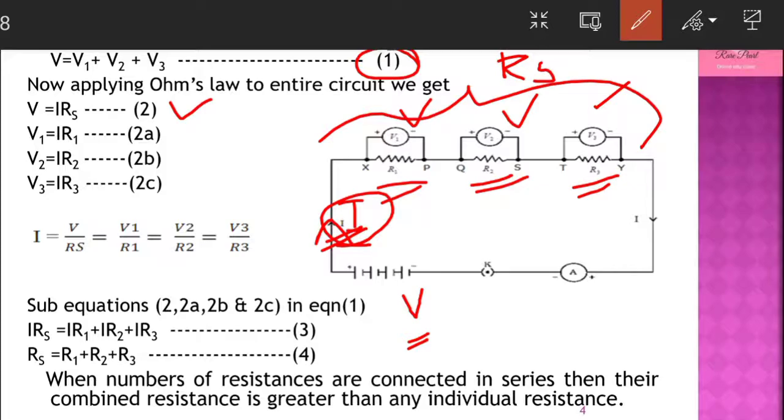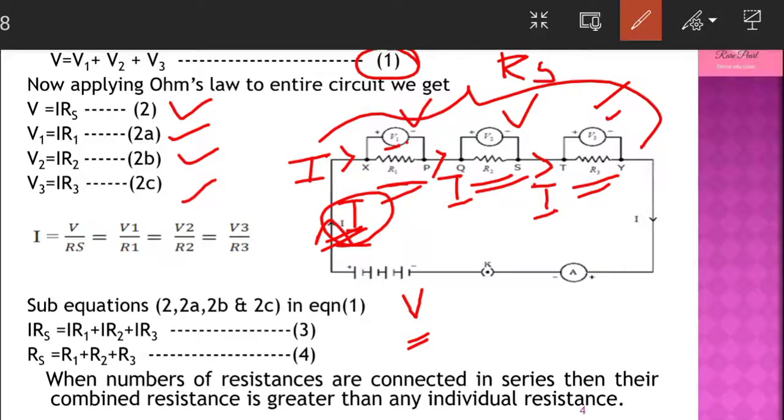V1 will be equal to I into R1, because the same current is going to flow here, here also, and here also. So the potential drop across resistor R1 is V1 equal to I into R1, V2 is equal to I into R2, and V3 is equal to I into R3.